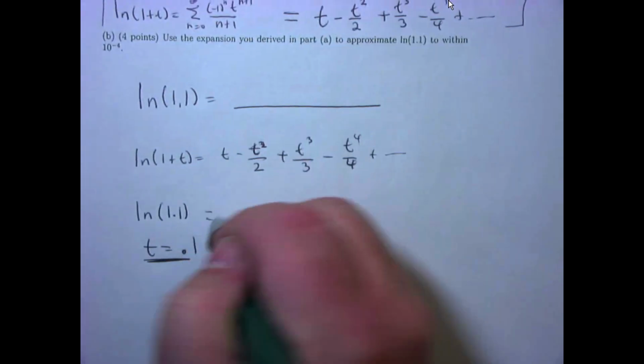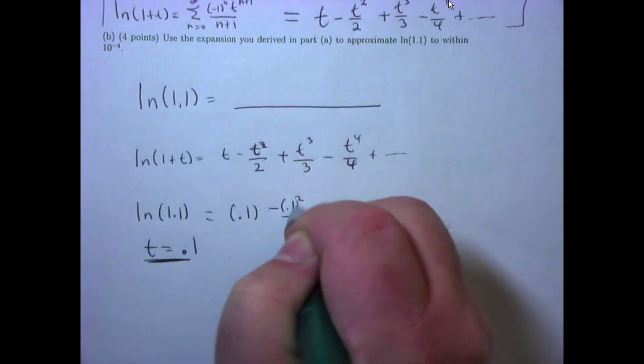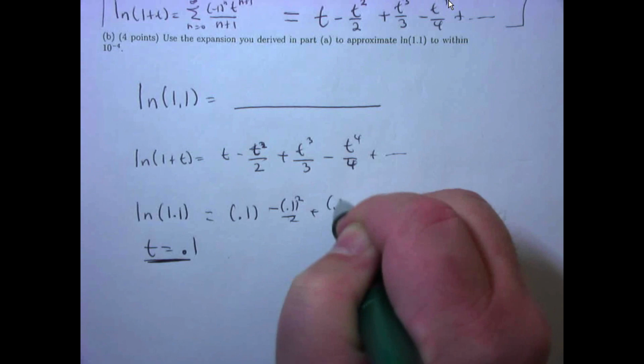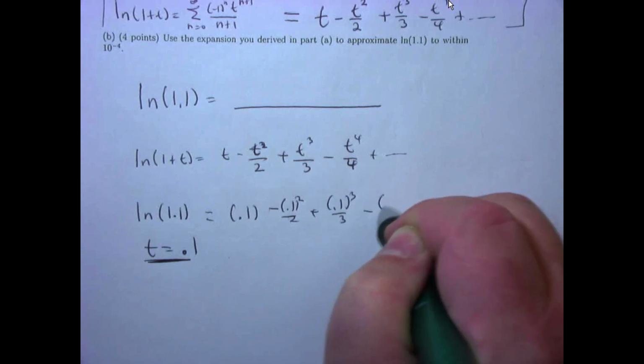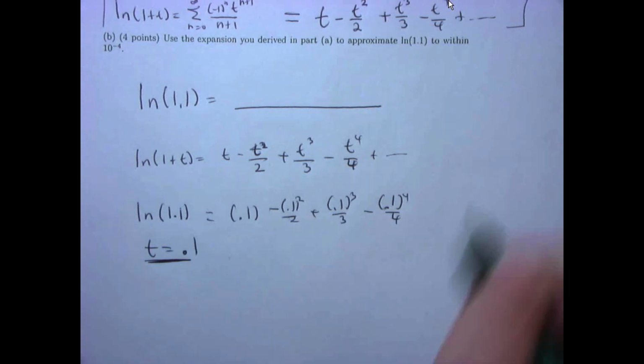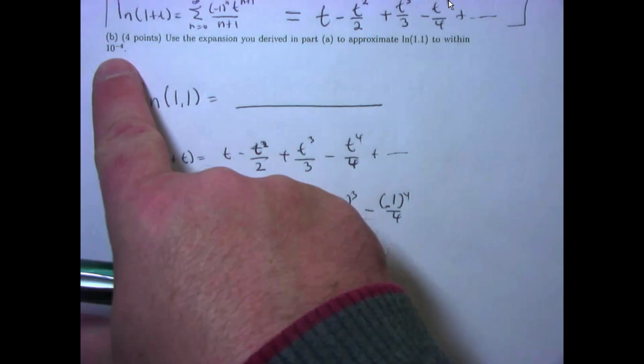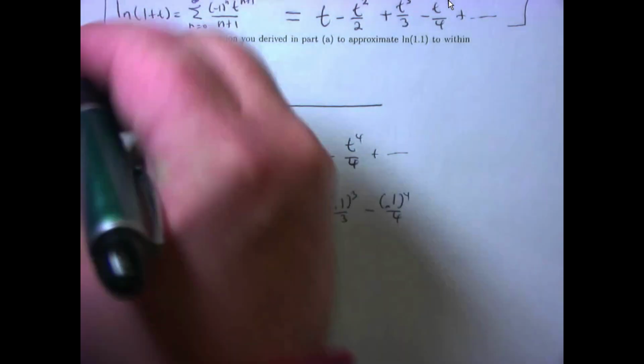Does that make sense? So this would be equal to 0.1 minus 0.1 squared over 2 plus 0.1 cubed over 3 minus 0.1 to the 4th over 4. You catch a pattern. How many terms do I need to go out to? Well, here's the deal. What kind of error do they want? 10 to the negative 4.